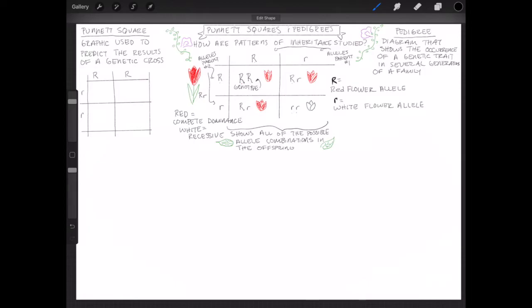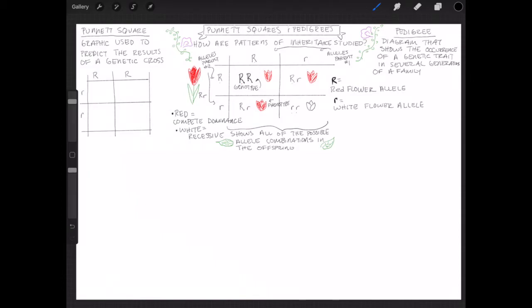So remember, the genotype is the combination, capital R, for example. And the phenotype is the color. And you're going under the assumption that red is complete dominance and white is recessive. So fill out that Punnett square. What would the genotype be for a cross between a red, two capital R's, tulip, and a white, two lowercase r's, tulip?